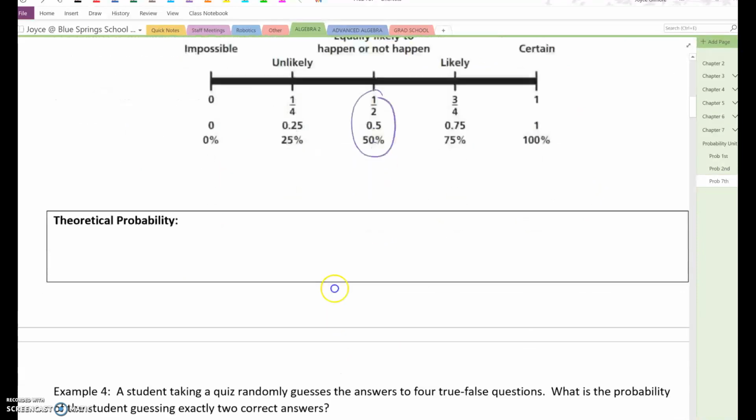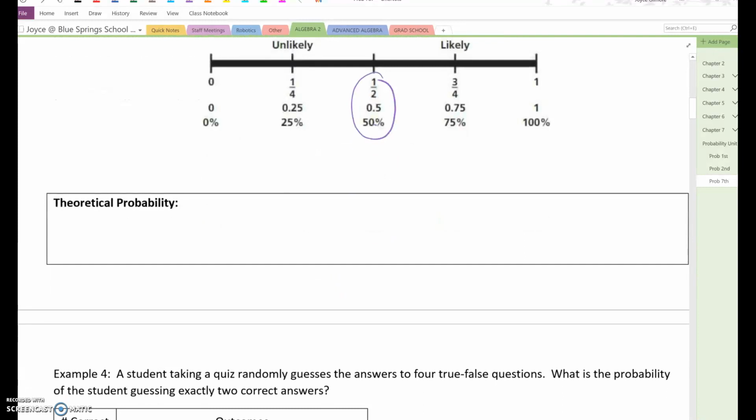Wow. Okay, theoretical probability. This is a fancy way of saying the probability that you've been using ever since you learned even the littlest thing about probability. Theoretical probability is the number of wanted outcomes over the total number of possible outcomes.